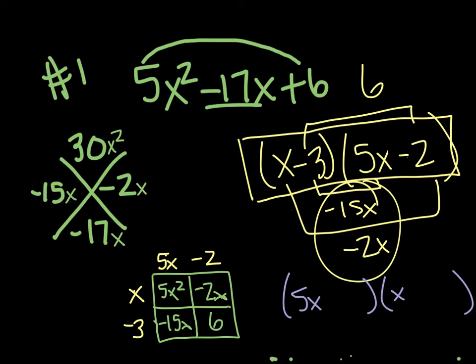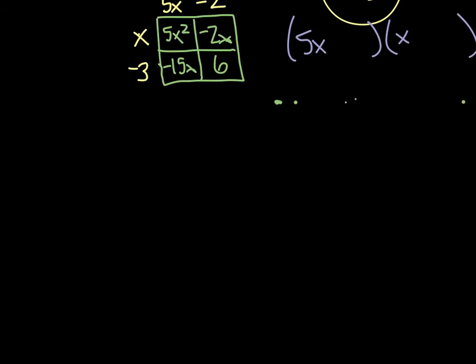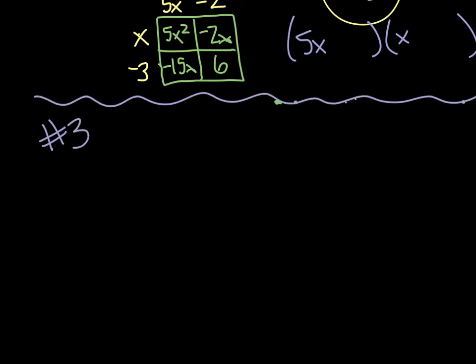So let's look at another one. So let's look at number 3. And number 3, it says 6x squared plus x minus 15.